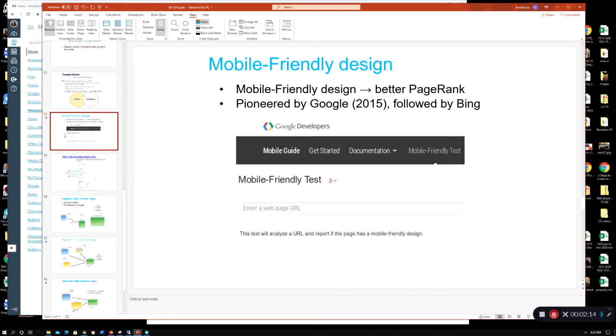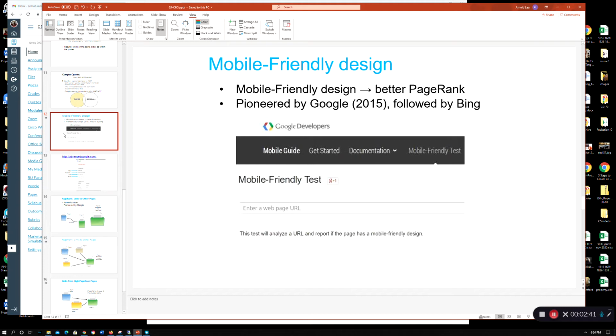So let's go to the next one. There's one point here about how to get better page ranking. One thing you can look at is whether it's a mobile friendly design, so you'll get a better page rank for that.